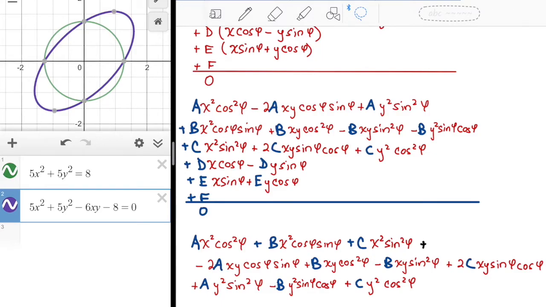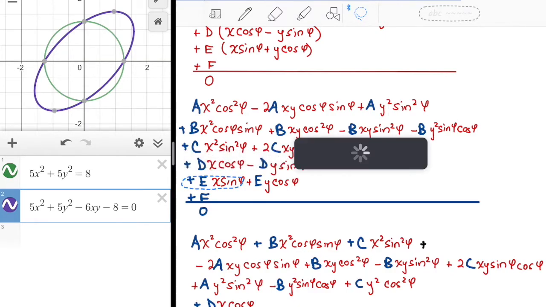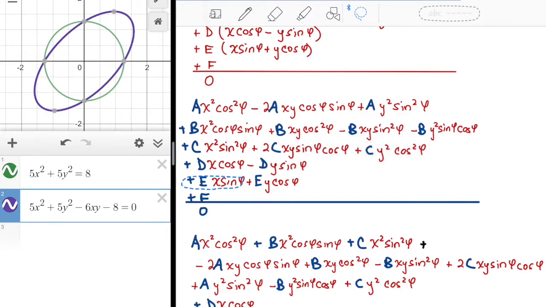So whatever's just got an x attached to it, whatever's just got a y attached to it.